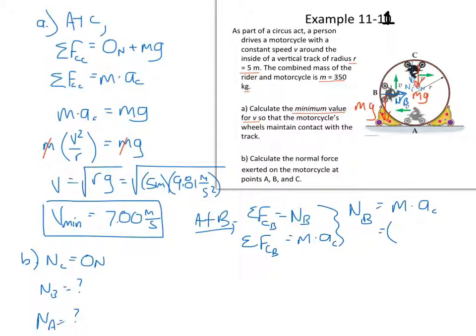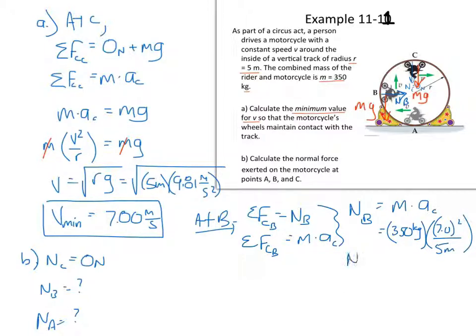So the mass of the bike and the rider, I think, is 350 kilograms times the centripetal acceleration. Well, we didn't calculate that out, but we know how to find that. That's v squared over r, right? So the velocity is 7 meters per second. I'm just going to leave the units out. Squared over the radius, which is 5 meters.